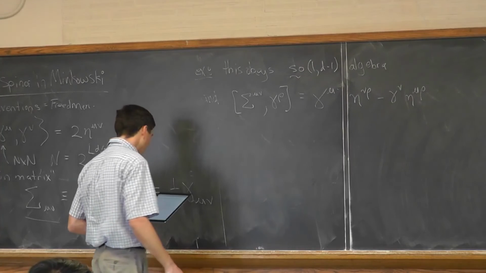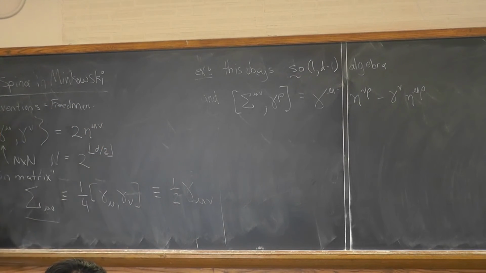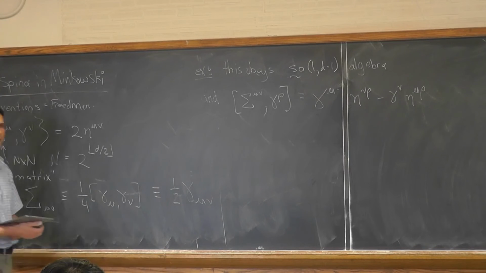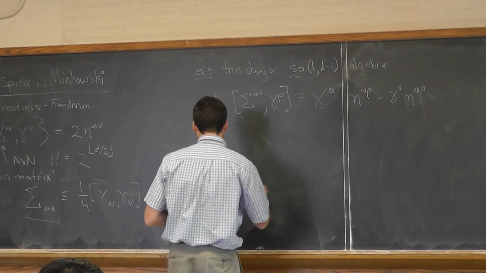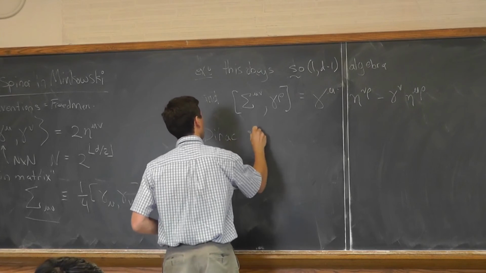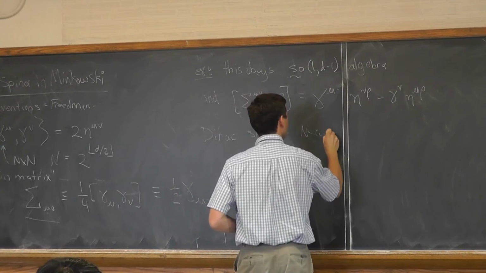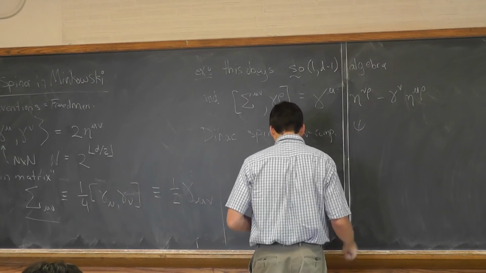So the upshot of the discussion that we just had for the last hour is that if we define objects transforming with this matrix, then those are going to be good physics objects, projective representations of the Lorentz group. Those objects are called Dirac spinors. It's an N-component thing called psi.